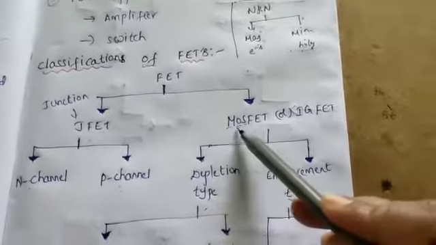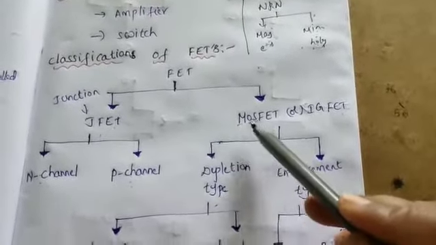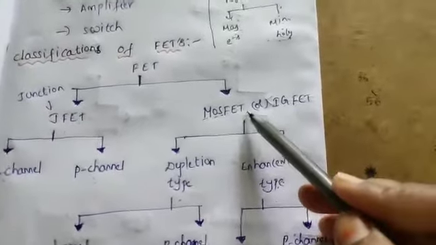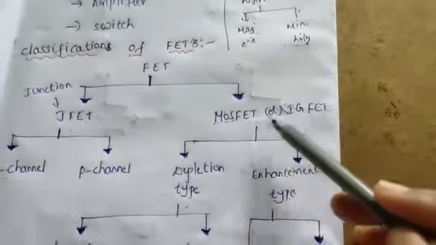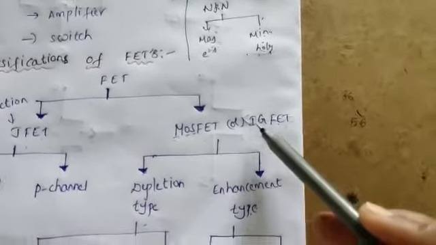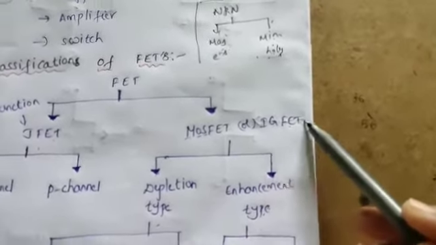M for metal, O for oxide, S for semiconductor. It is also called IGFET: I for insulated, G for gate, insulated gate field effect transistor.